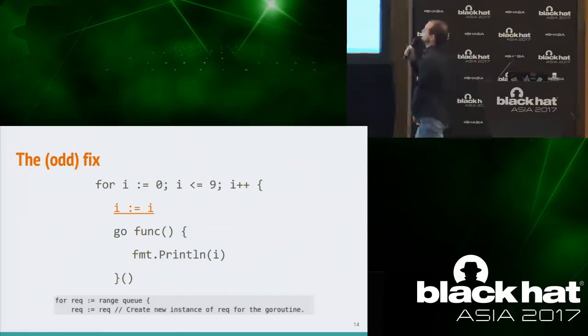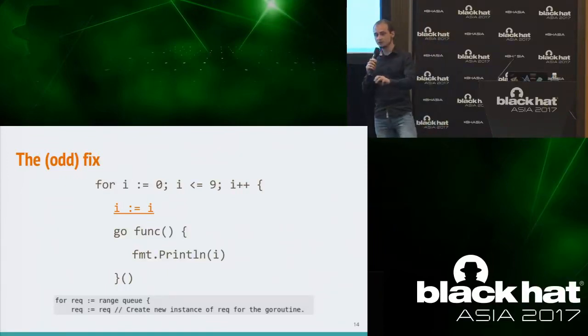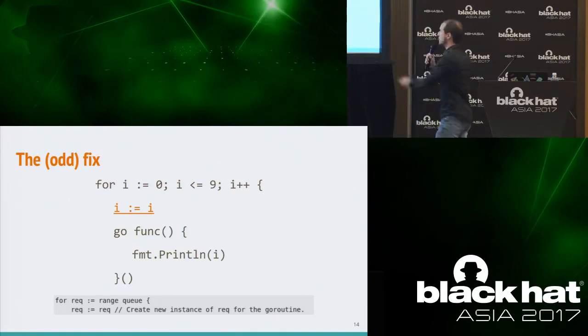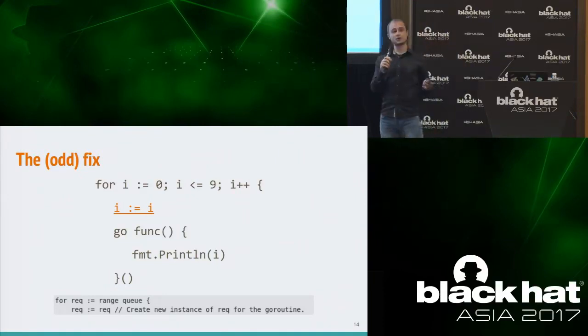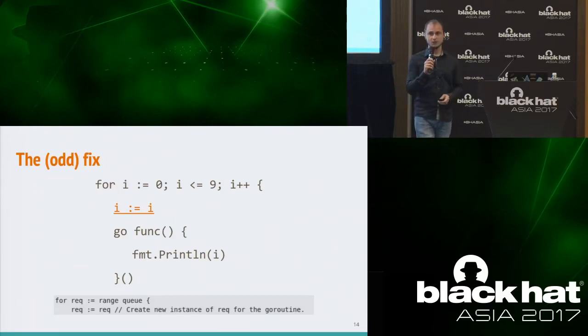This is the fix, which is even weirder than the problem. And this fix is not something that I made up because I would never, ever think of this solution. I took that from the official documentation. So this is something the Go developers and designers thought was a good idea, which is to change the scope of the variable.